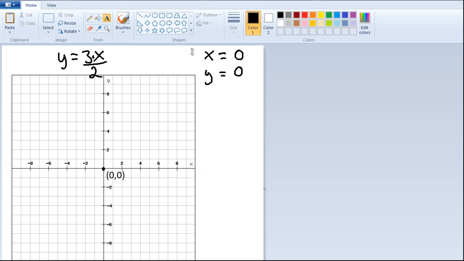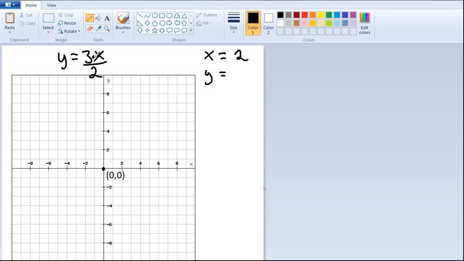Let's write it pretty close to the point. Let's do another one. Let's choose another value for x. Let's choose 2. So x is 2, then we put 2 instead of x.